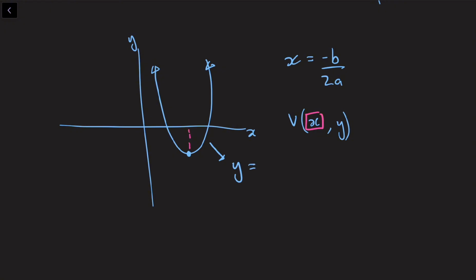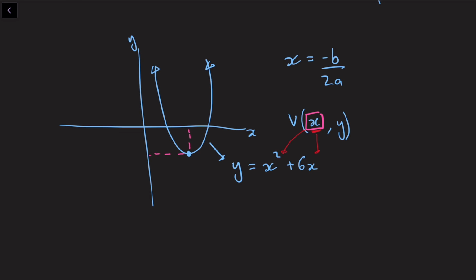So y equals x squared, let's say plus 6x, and that's it. But we can also find the y value of the vertex if we take whatever we got for the x value and plug it in here.